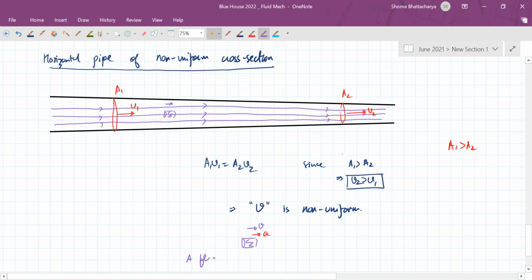So a fluid element will have accelerated motion. The moment you understand that it will have accelerated motion, you realize that the forces should not balance. So if the pressure from this side is P1, the pressure from the other side, P2, should be less, so that the acceleration is towards the right.